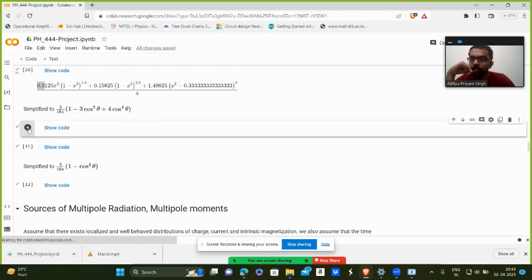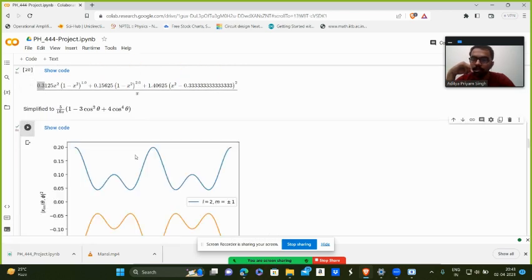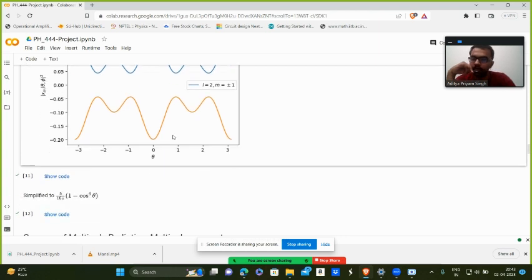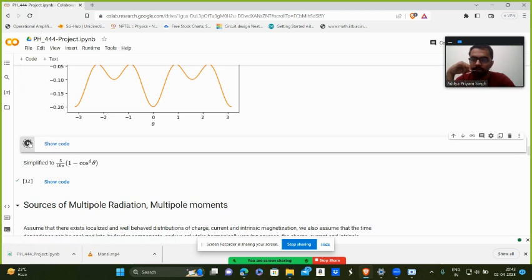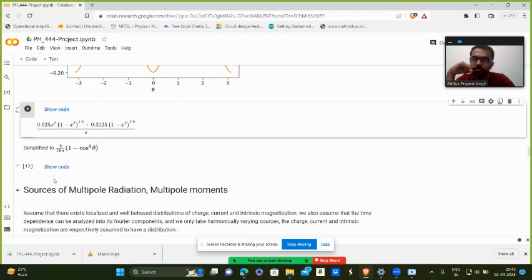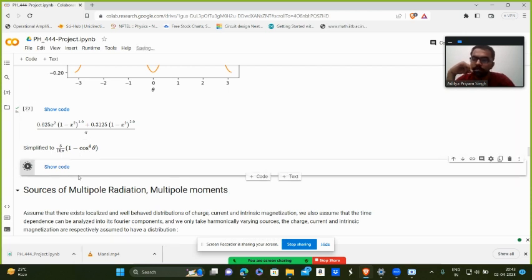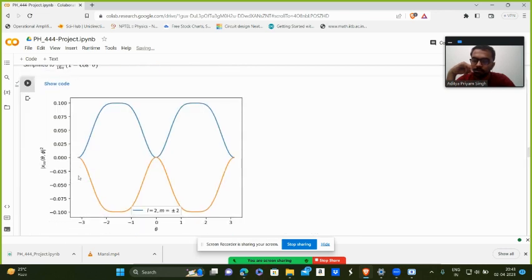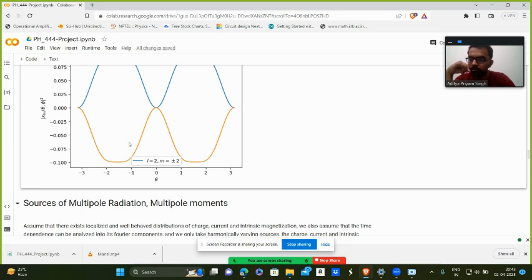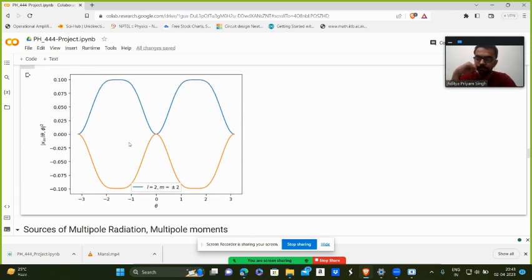Upon plotting it, we'll get the radiation pattern, which will look something like this. Then for the L equal to 2 and M equal to plus minus 2 case, we'll get a solution of this form, which is further simplified to 5 over 16 pi into 1 minus cos 4 of theta. The radiation pattern for this case looks something like this. So that's all about the plots. Now handing over to Vignesh.